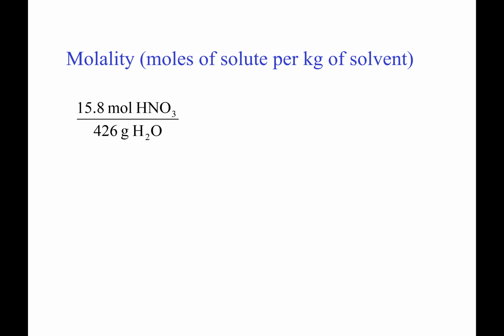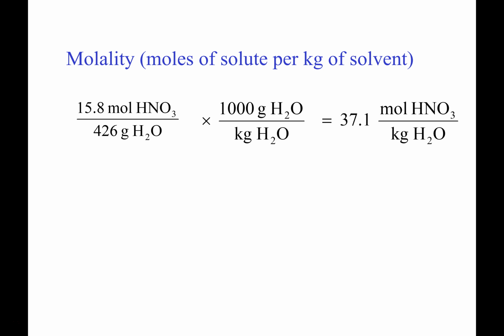So give ourselves 3 sig figs. Oh, wait a minute. We need to fix our grams, don't we, into kilograms. So to do that, we're going to put 1,000 grams over 1 kilogram. Give ourselves 3 sig figs. And the molality is 37.1. Over here, I had 37.0.